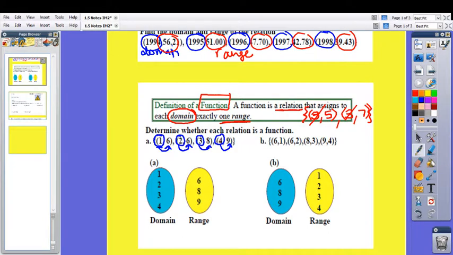So because of that, we will say yes, it is a function. Okay, now let's come up here. So you have 6 and 6 is related to 1, but again 6 is related to 2. So you cannot have a domain related to two different range values. So because of that, it is not a function.